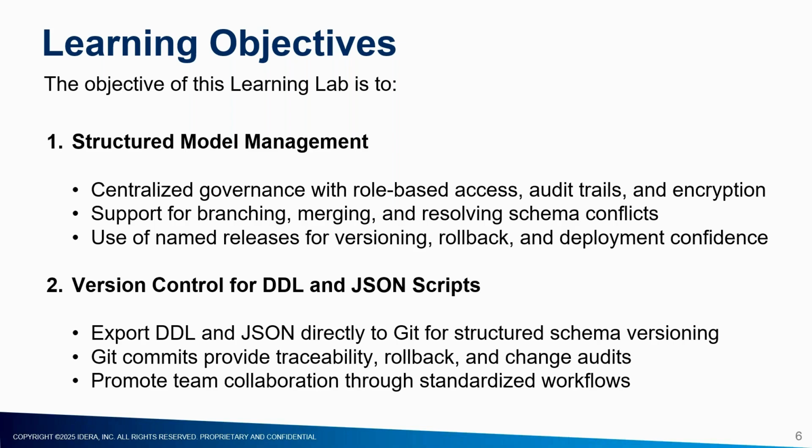Now, coming to the Git part of version control, this is where we would export the DDL, not the model. I would like to reiterate that. It's just the DDL and the JSON directly to Git for structured schema versioning. Next, Git commits provide traceability, rollback, and change audits. And of course, most important of all is to help promote team collaboration throughout the workflow.